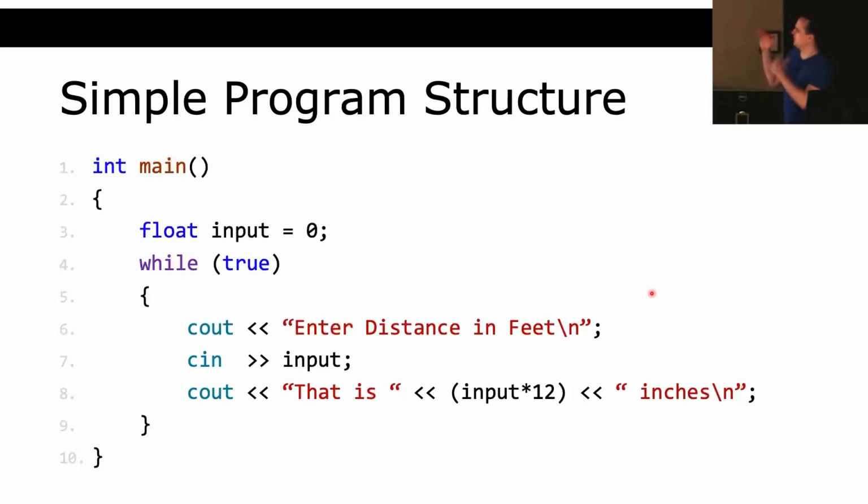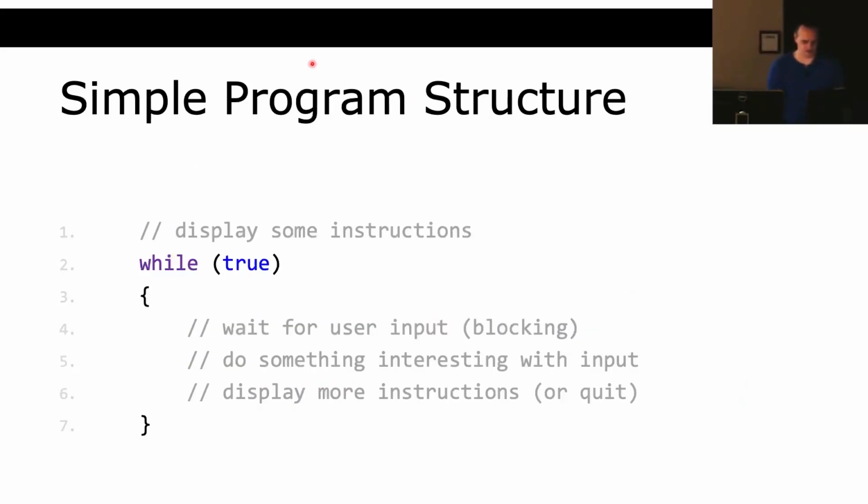But the main point here is that we have this structure, is that we want to do something initially. Oh, look, I have a slide on this. So maybe display some instructions to the user, and then while true, meaning until this program we've told it to quit, right? Or until it's done its job.